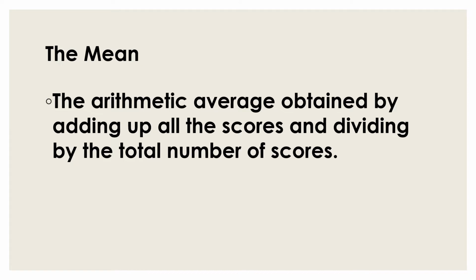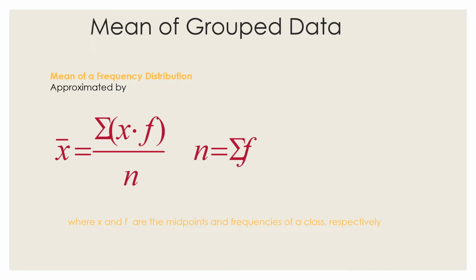Okay, so we know that a mean is the arithmetic average obtained by adding up all the scores and dividing by the total number of scores. So we have here the mean of group data, the mean of a frequency distribution.